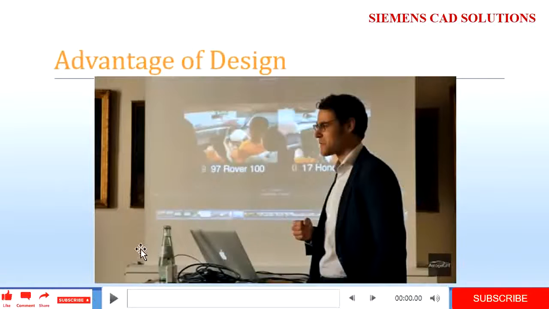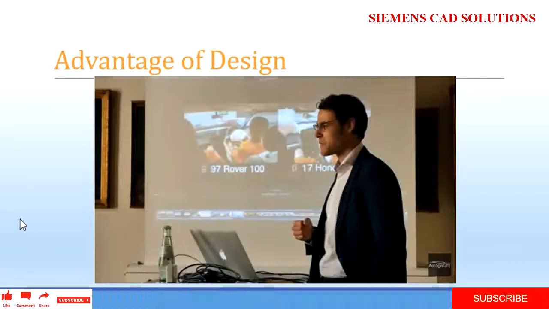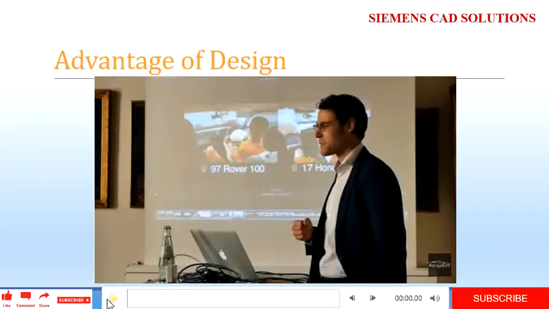So this is a simple video which shows how important design is. In 1997 the design of the vehicle and in 2007 the design of the vehicle, what improvement has been done. We go for design to reduce the time as well as the cost.